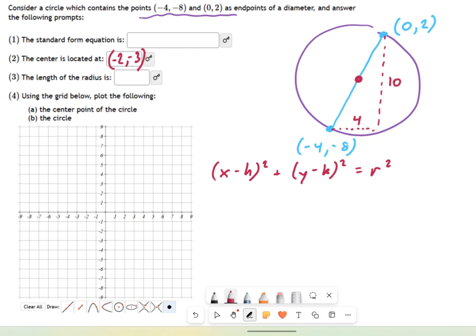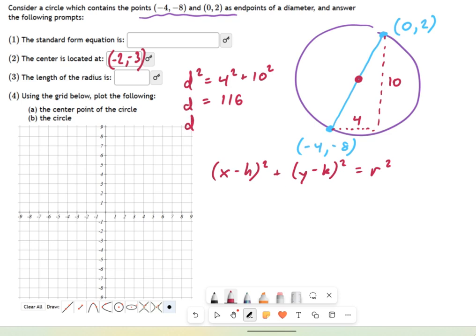So if I want to figure out the radius of this thing, well, that's going to be a little tricky. That's going to be the diameter squared, which is the length of that triangle hypotenuse, equals 4 squared plus 10 squared. Okay, so that's going to be 116, and I want the square root of that.